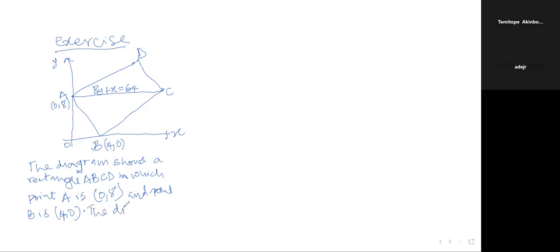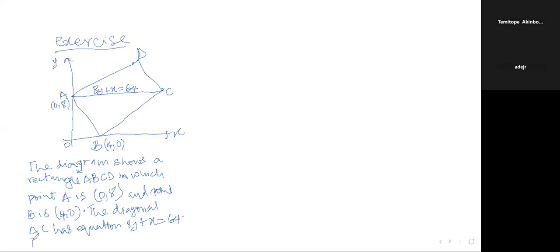The diagonal AC has equation 8y plus x equals 64.